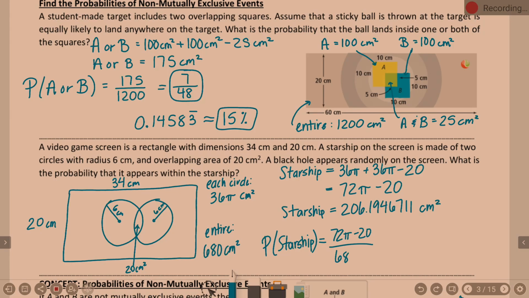Now, if you put this in your calculator, you have to put the numerator in parentheses. Otherwise, you'll go astray. The calculator gives me what as a decimal? 0.303227. I'm going to go 0.303, which is what as a whole percent? 30.3%. 30.3 is more accurate.